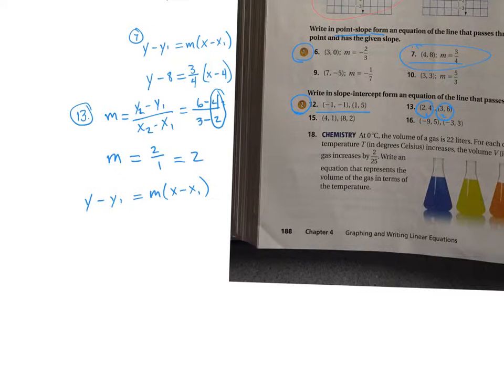There we go. Now I'm going to substitute my numbers. I've got y minus y1, which is right here, that's 4. And then I've got my slope, which is 2, times x minus my x1, which is 2.